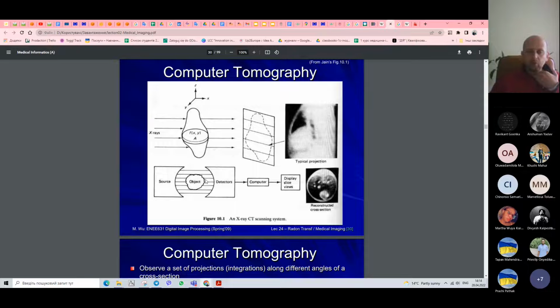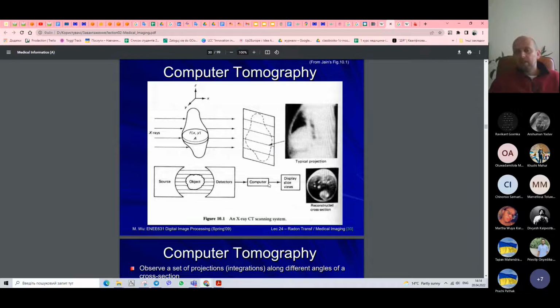In computer tomography, we have an object, a source and a direction, and they constantly rotate around the object, the body. As a result, they are able to create images from 3D analysis, and you can get them by cross-section.